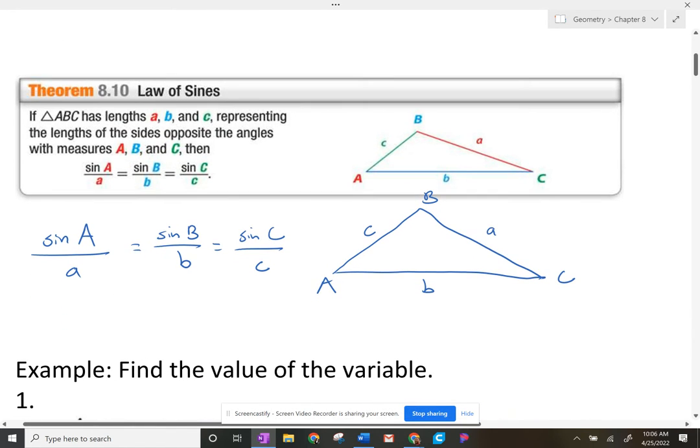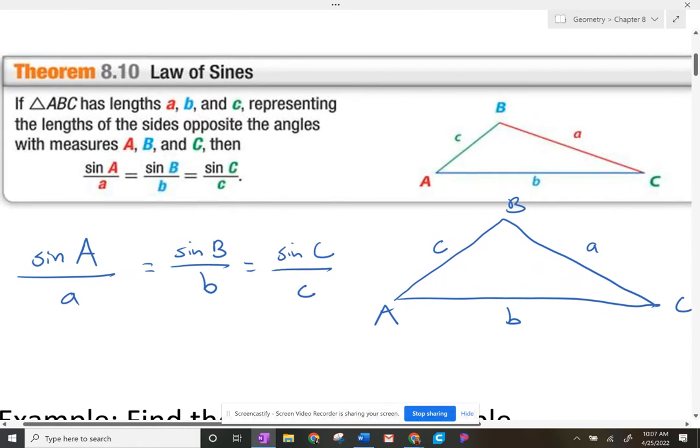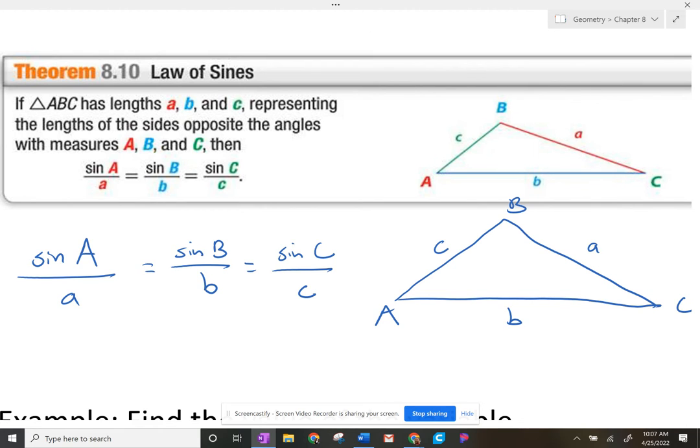But here's the first rule for the law of sines. Again, we don't know the angles that are in there. I'll zoom in as best I can. So the law of sines says that lengths A, B, and C are all going to represent sides of a triangle.